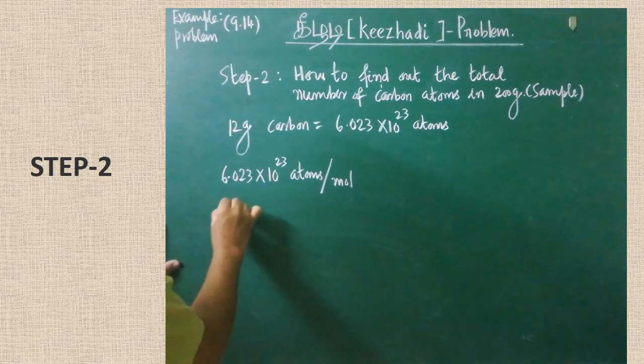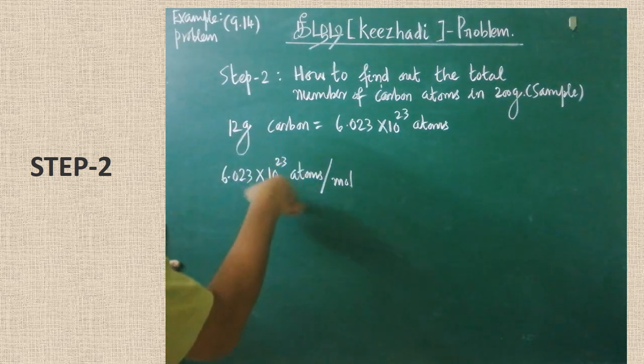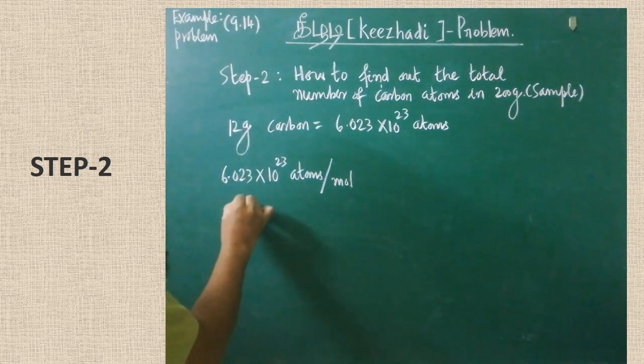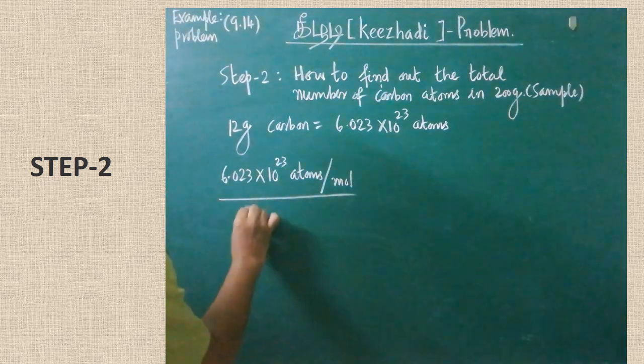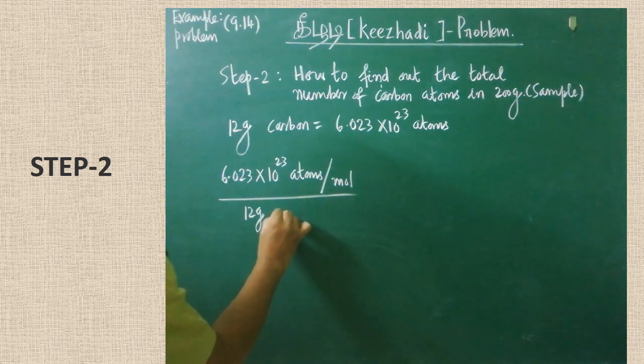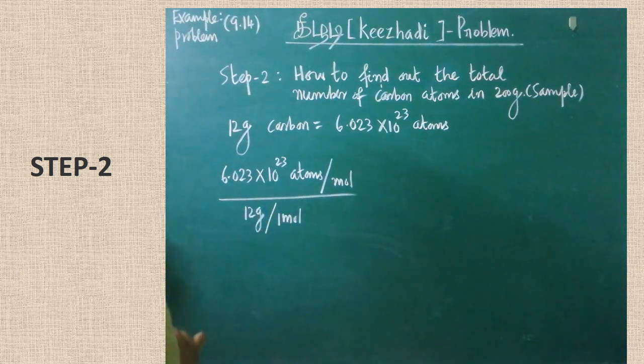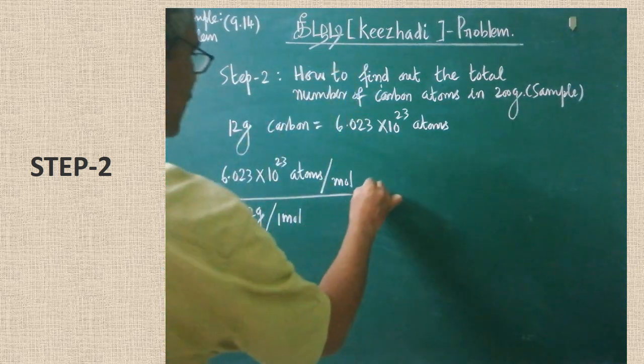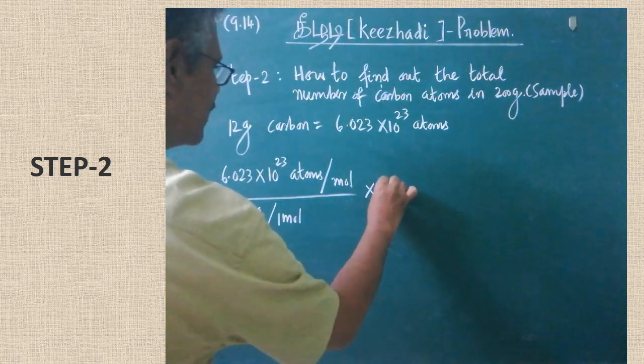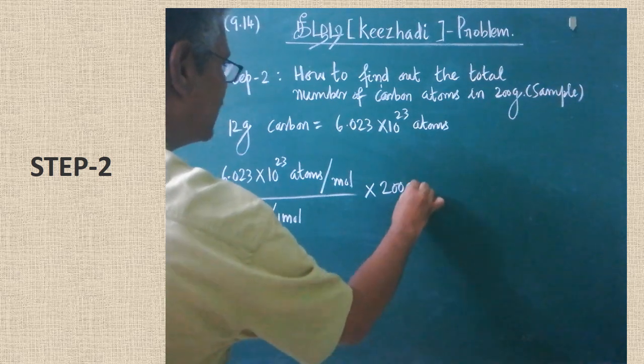This one has the mass of 12 gram of carbon. Therefore, divide this by 12 gram, which is present in 1 mole. That is very important. Now we are in a position to calculate the number of atoms present in the 200 gram. You simply multiply by 200 gram. You will get the answer.